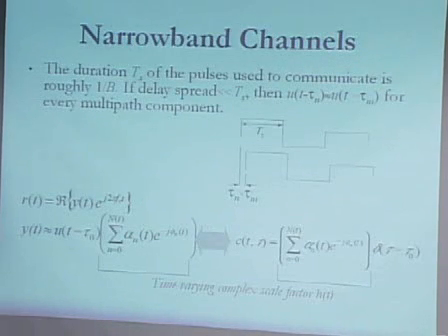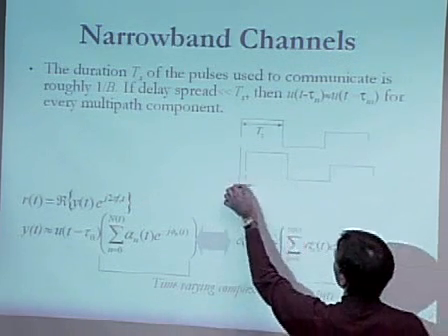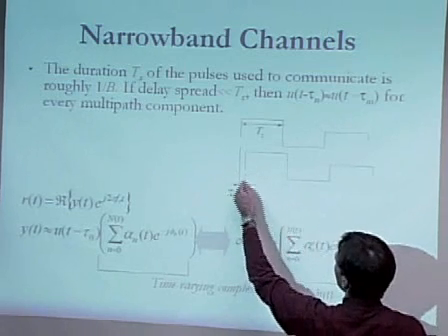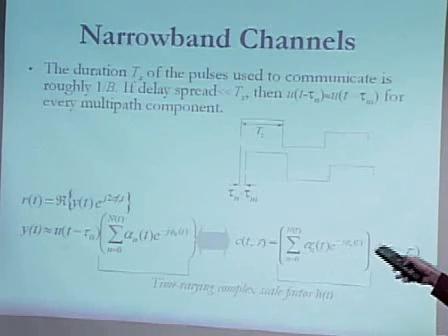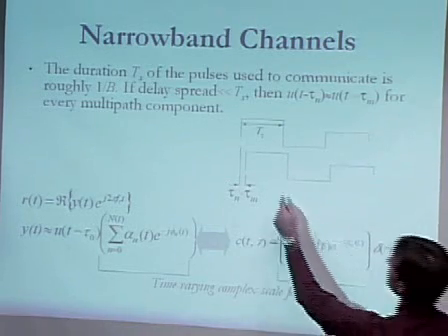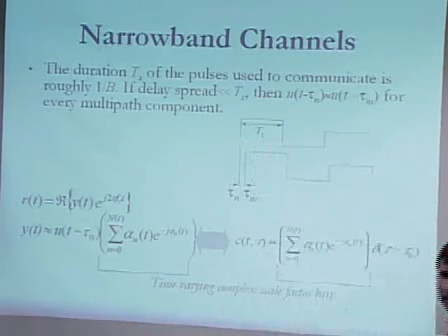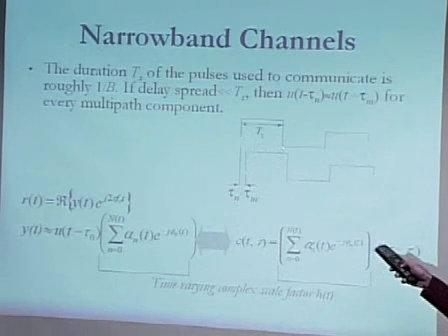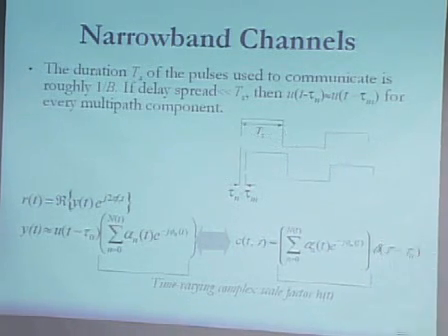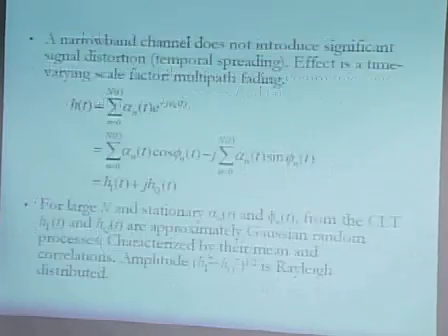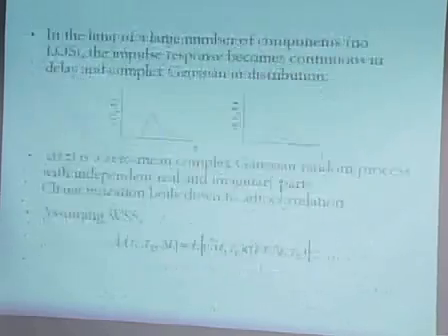Let's impose the condition that the differences in the delay spread, which is the difference in the delays of arrival between the signals, is no more than 10% of the symbol time. Okay, that seems reasonable. So let's impose the condition that the delay spread is at most 10% of the symbol time. That's a pretty reasonable condition.